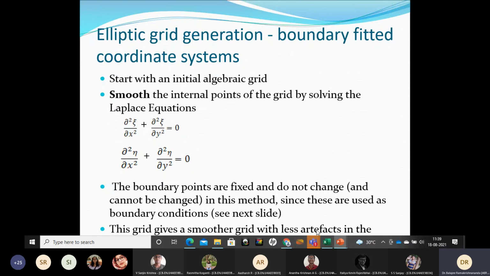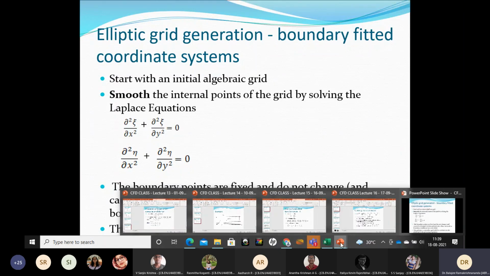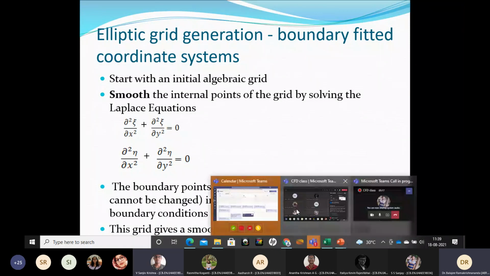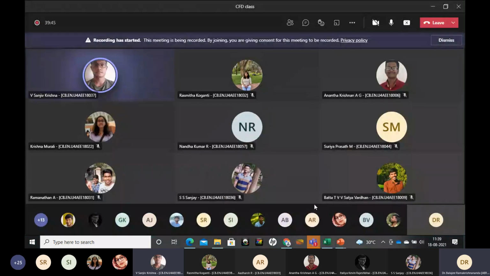Meanwhile, any doubts so far? Sir, the O grid in the physical plane, can you show that, sir?